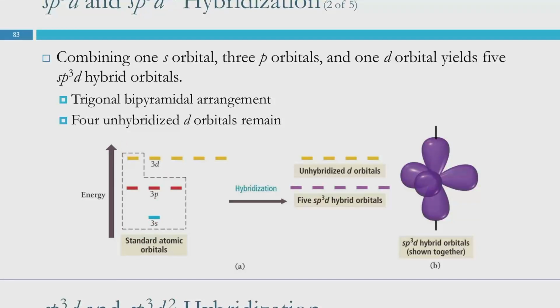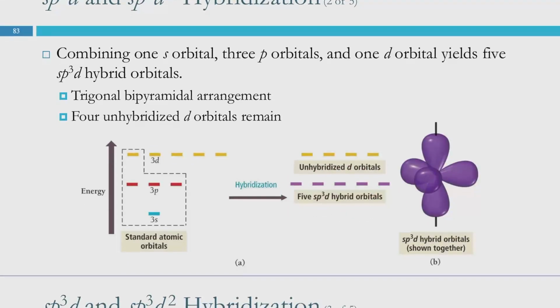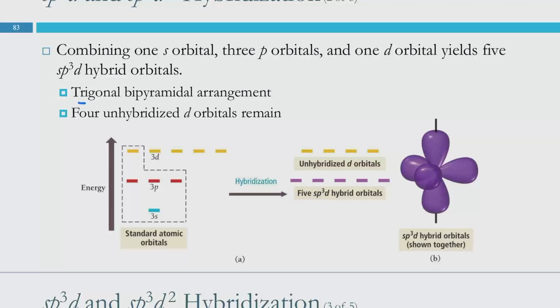Right, s plus our 3 p's plus our 1 d, total of 5 orbitals. 5 orbitals in, 5 orbitals out. So we get 5 sp3d hybrid orbitals. And this gives us the trigonal bipyramidal arrangement. So we've got the axial in the up and down positions, and we've got 3 in the equatorial positions going around the sides.